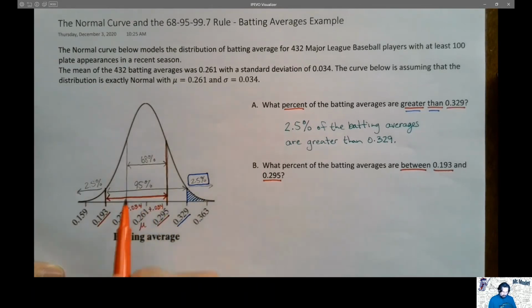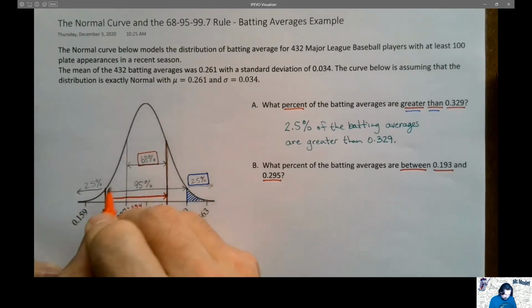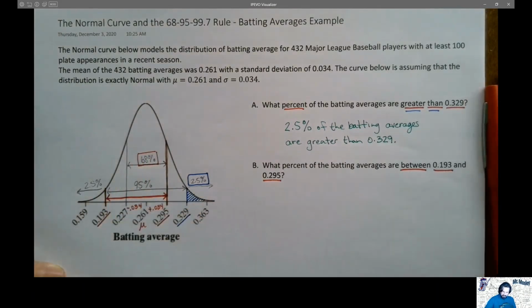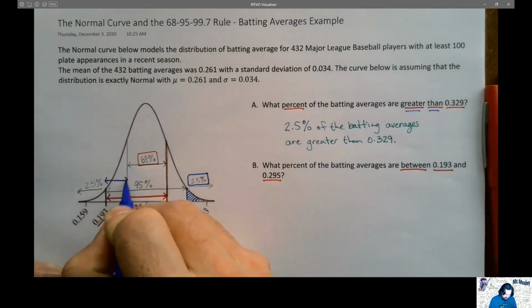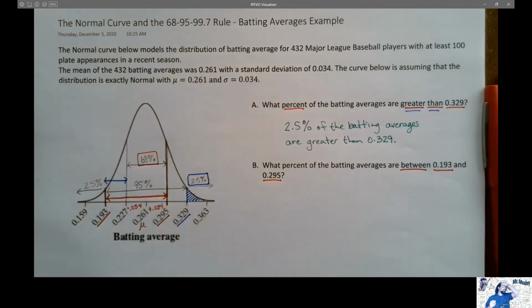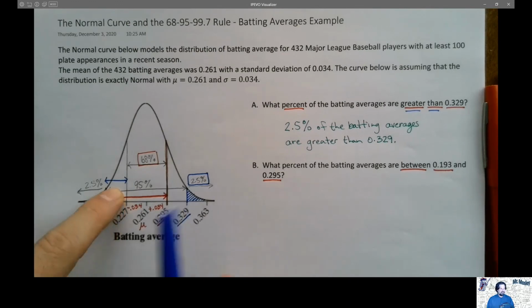Well, I get to include the 68%, and I need to know what is between here and here. But once again, we're lucky. We know that to get from 68 to 95%, we can find that number. 95 minus 68 is 27. Half of 27, because that needs to be split evenly between these two sections, is 13.5.